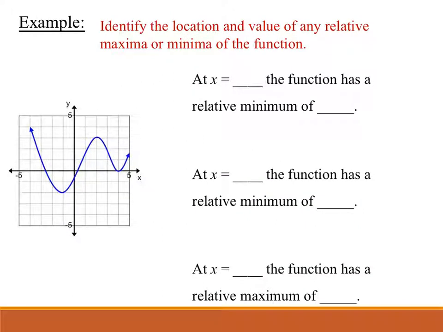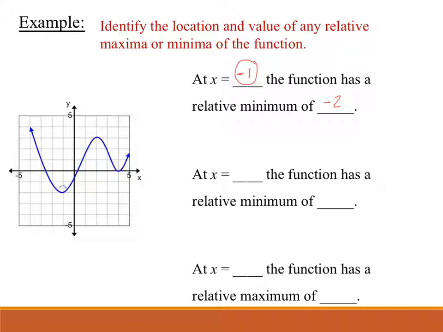So now in this example, we're going to identify the location of any relative maxima or minima of the function. In this case, we want to find a minimum. So x has a relative minimum at -1. At -1, the function has a relative minimum of -2.